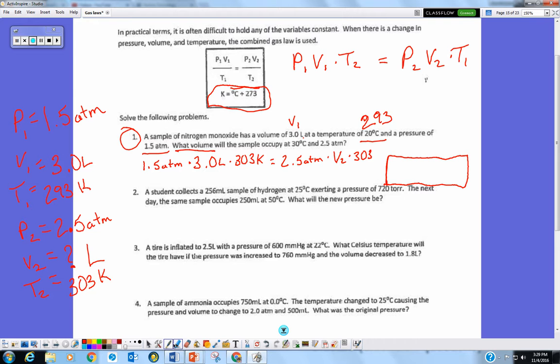My T1, which was 293 Kelvin. All right, so if we divide both sides by 2.5 and 293, that cancels that out, putting our relationship like this. So we would have 2.5 atm times 293 Kelvin.